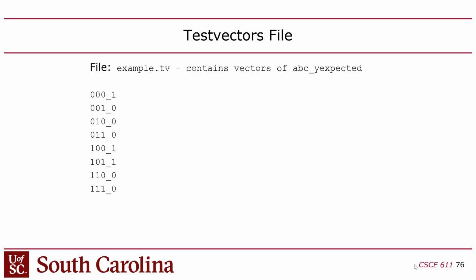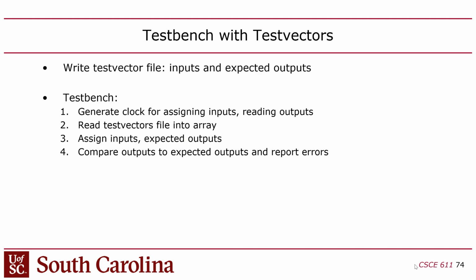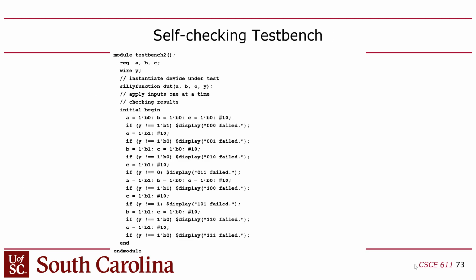Another thing we want to add is a test vector file. You don't want to have to hard code the inputs and the outputs into the design. It would be better if we can keep the design separate from the inputs and outputs. A test vector is simply the inputs that you want to put in and the expected output.